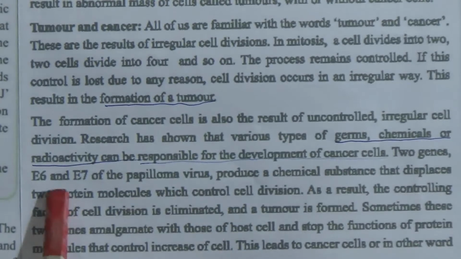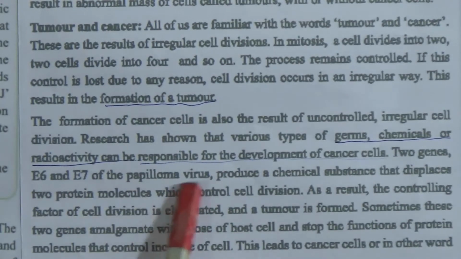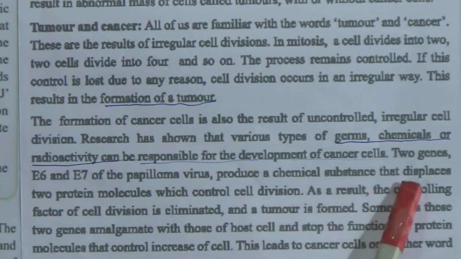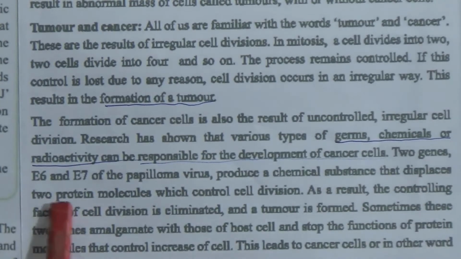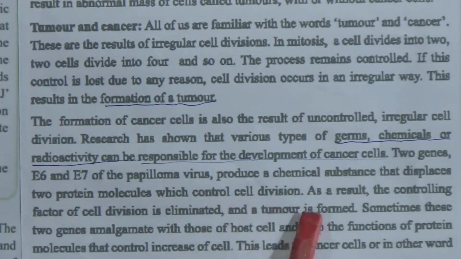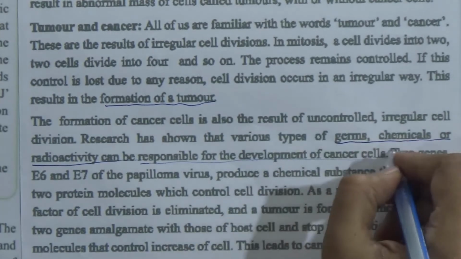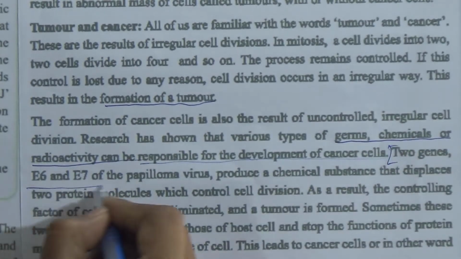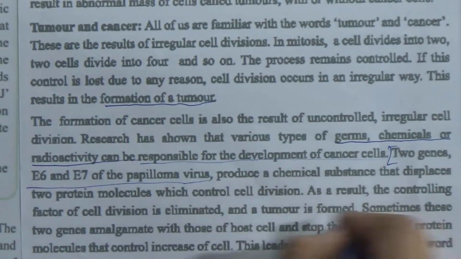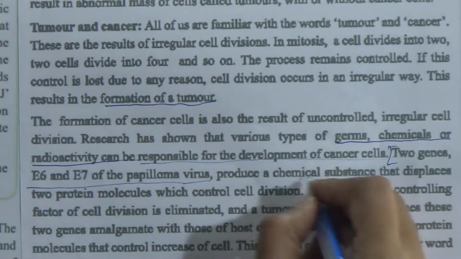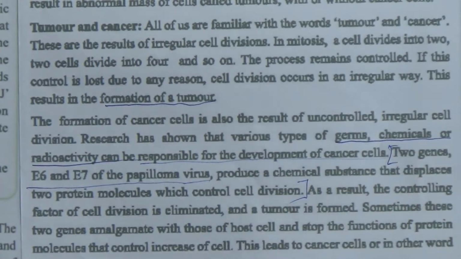Two genes, that is E6 and E7 of papillomavirus, produce chemical substances that displace two protein molecules which control cell division. Dear students, that papillomavirus causes cancer also. So this part is so much important.